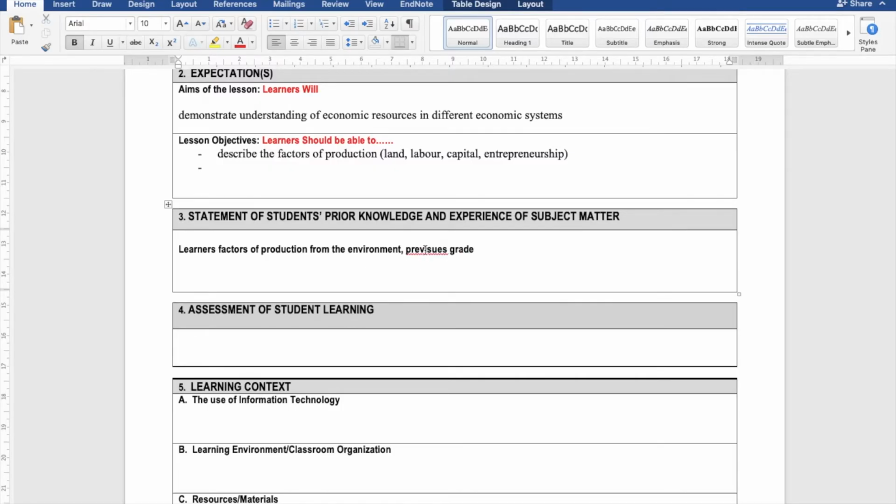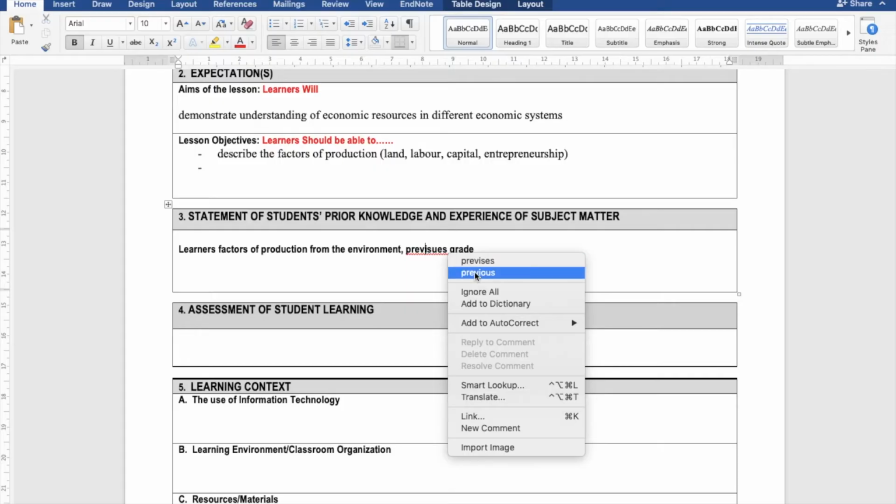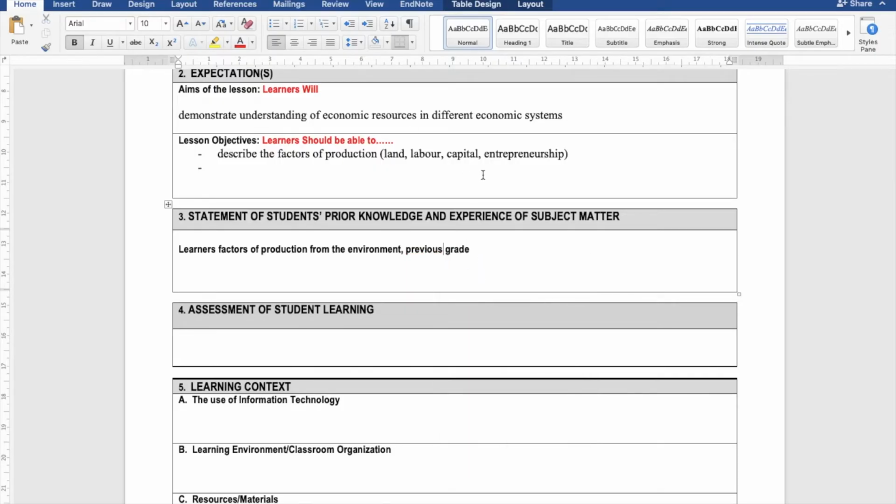They know something about land because that is what we work on every day. The labor, they know that their mom or their parents go to work, or the capital or entrepreneurship when the selling comes in. So you must just put a statement on what you think learners already know about the topic that you are teaching for the day.